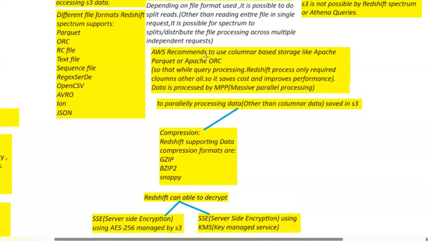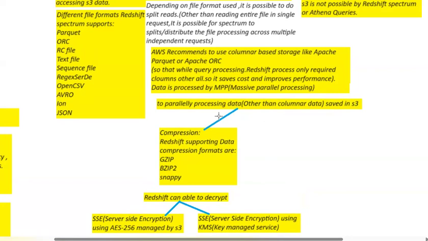Or if your data is column-based storage, then it will automatically be processed in parallel. The other way, for files which do not come under column-based storage or compression, is to use multiple files, that is, breaking a single file into multiple small ones.